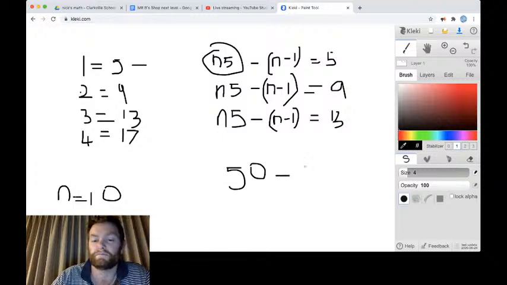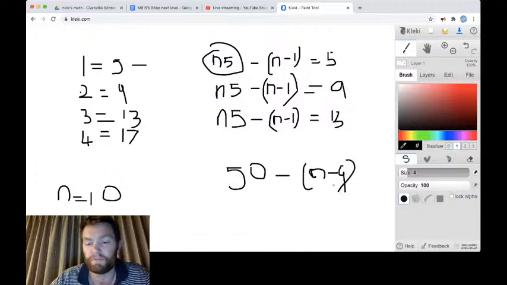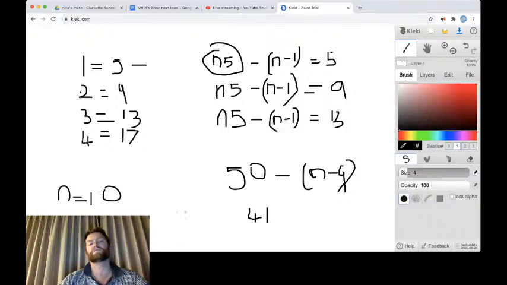Take away n minus 1, which is 9. So 50 minus 9 would be 41. On the 10th step, there would be 41 blocks.